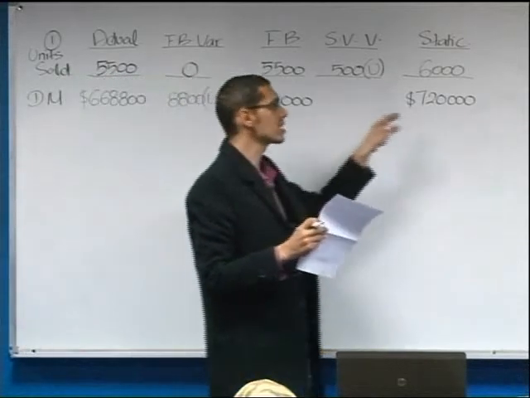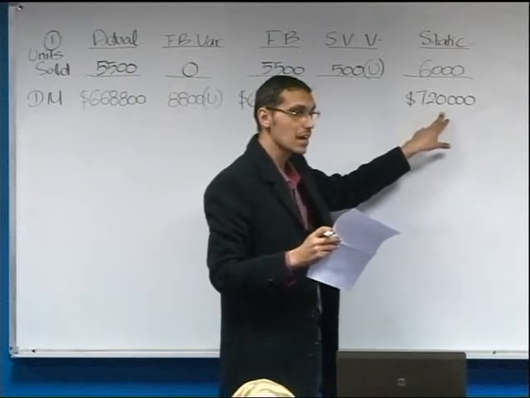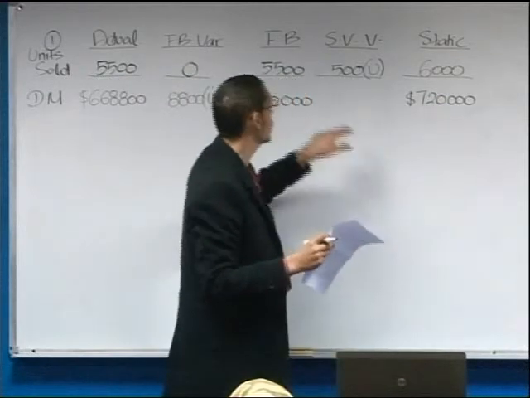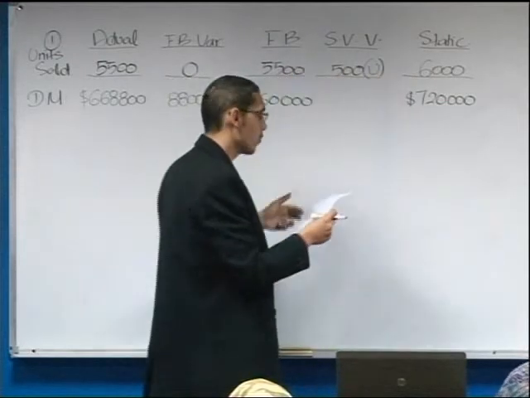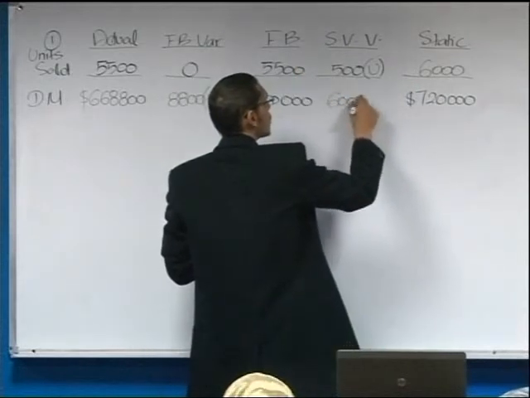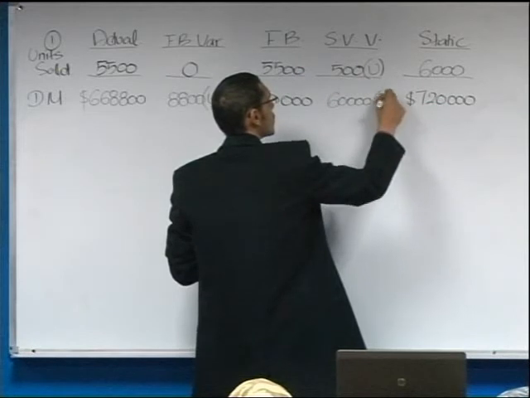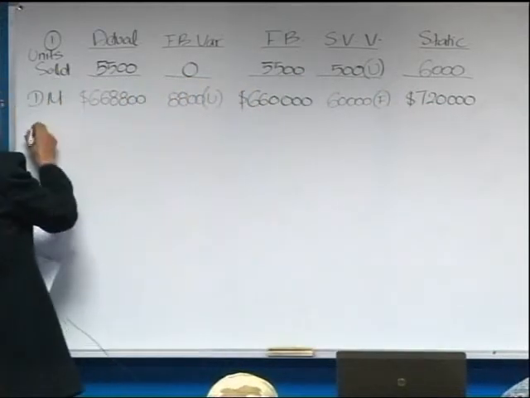Now, according to our expectations, we should have incurred $720,000 as direct materials, but actually we have incurred 660 because of the change in the number of units. Therefore, we have a favorable 60,000 sales volume variance.